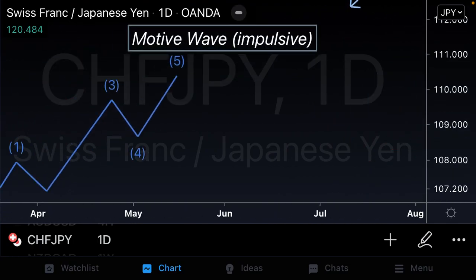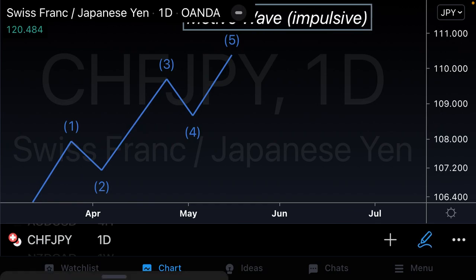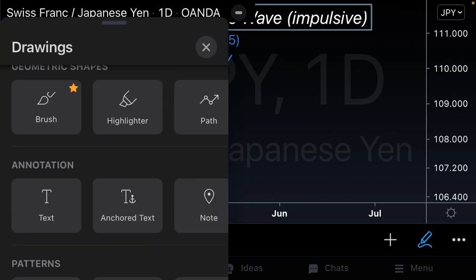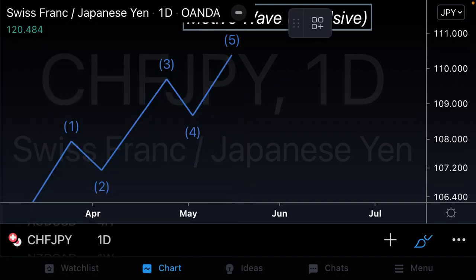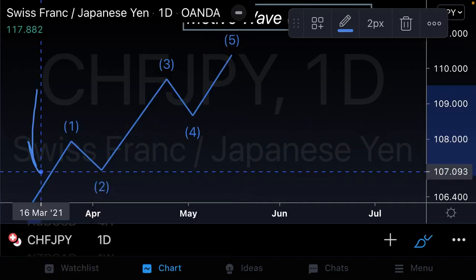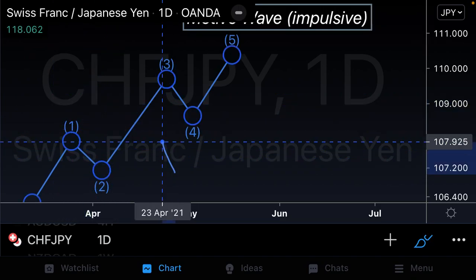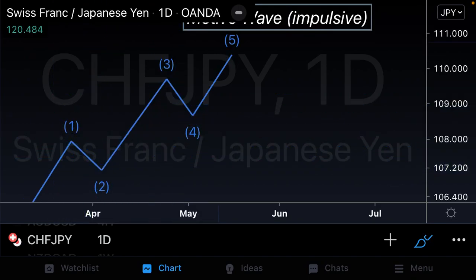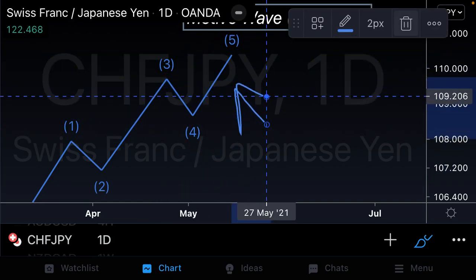So with the motive wave, guys, our motive wave is our impulsive wave. Now within this motive wave, what we will notice is that we do have 5 different waves. So we have wave 1 over there, we have wave 2 over there, we have wave 3 over here, we have wave 4 over there, we have wave 5 to cap things off.